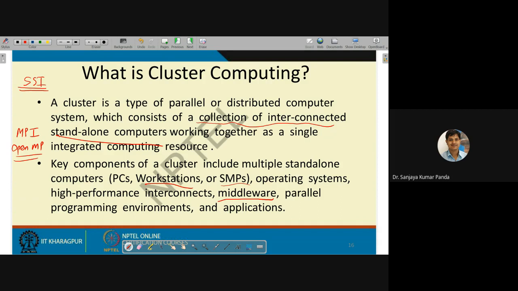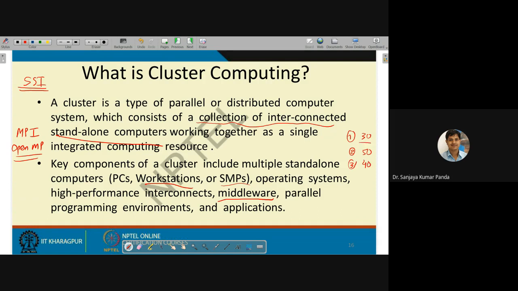But you can create multiple clusters. For example, you found 30 systems having the same configuration, so you have made a cluster. You find another 50 computer systems having the same configuration, so you can make another cluster. Another cluster you can make with 40 computer systems.